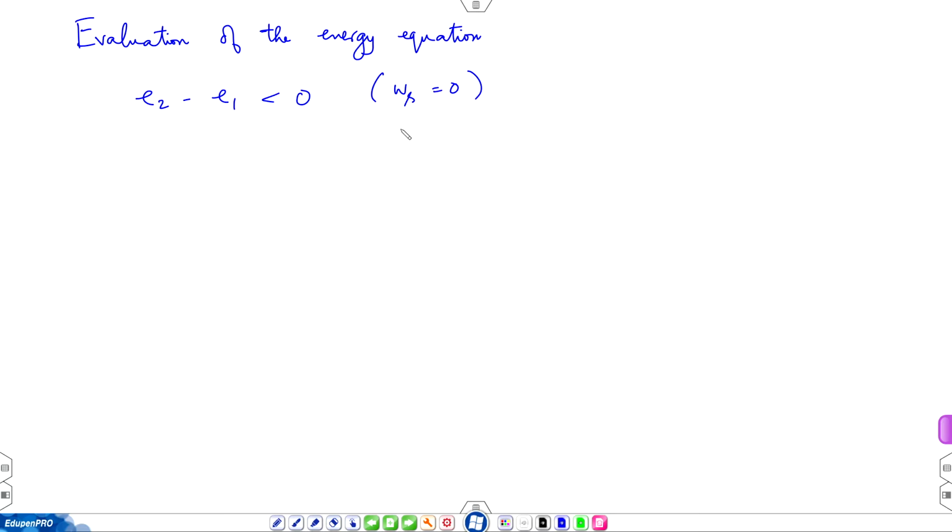So, remember that we are using lowercase w for shaft work per unit mass flow rate, small q for heat transfer per unit mass flow rate, and capital Q is small q times m dot, capital W is small w times m dot.